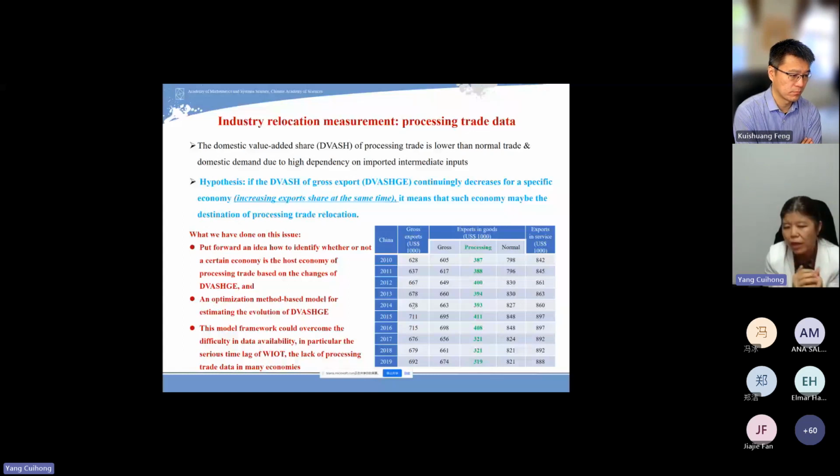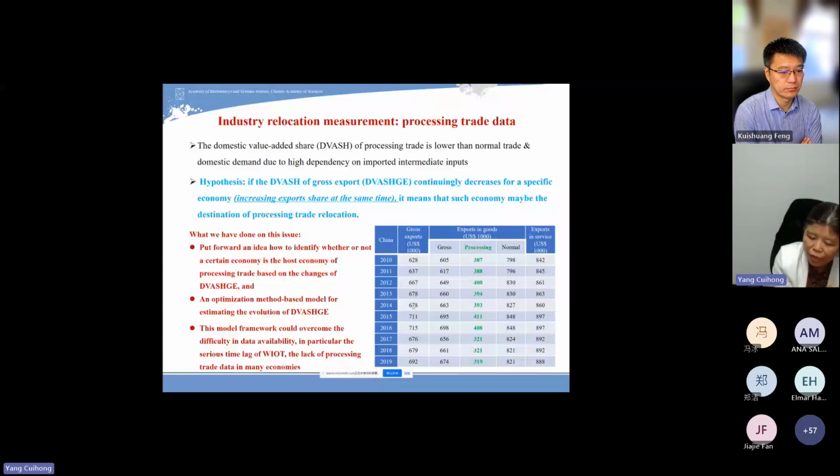Why do we use an optimization method? Due to the fact that several other countries, in particular developing countries, have a lot of processing trade activities, but they do not have the routine statistics. Like China, we have the routine statistics for processing export, but many other countries may not have the data of processing export.